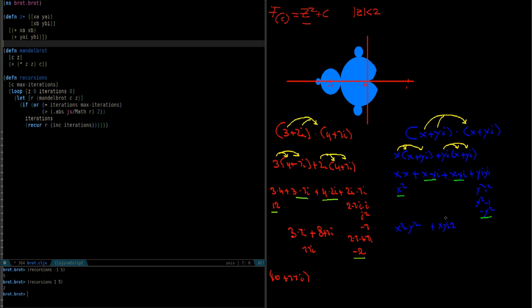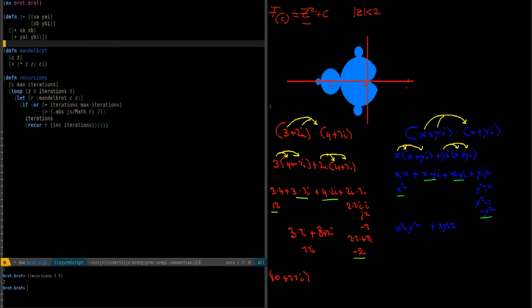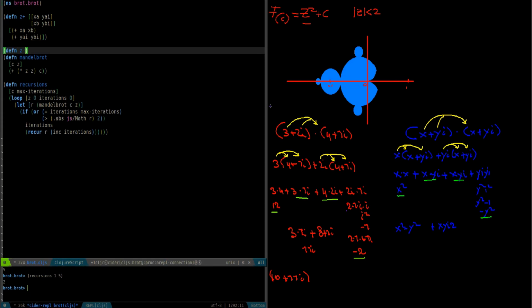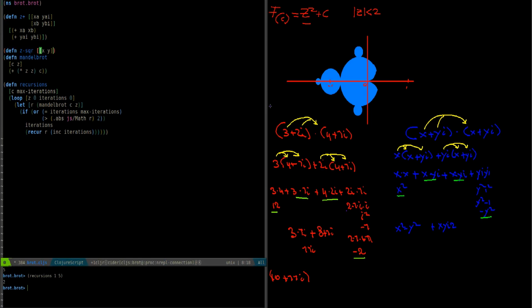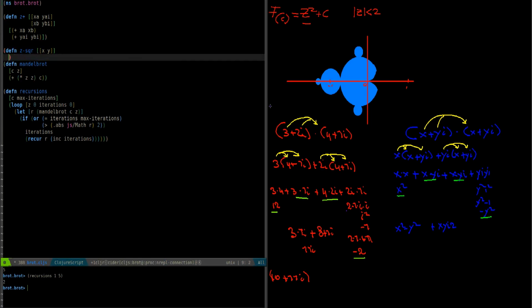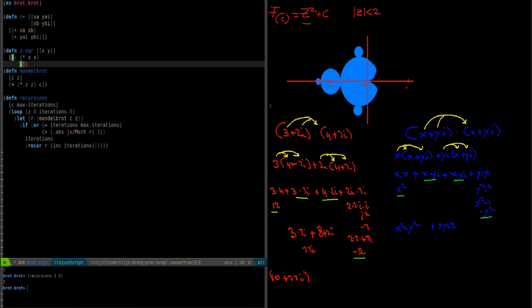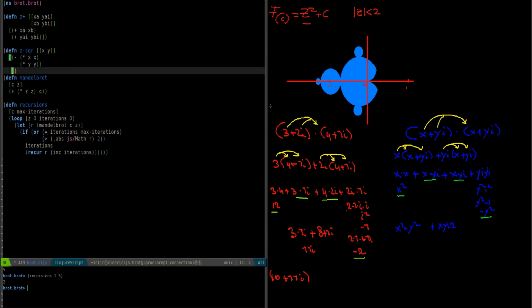And this is the complete formula to take the product of an imaginary number. So let's again implement this in Clojure. The square of a complex number, here defined by x in the real part and y in the imaginary part, becomes the square of x minus y squared, and for the imaginary part, x times y times 2.